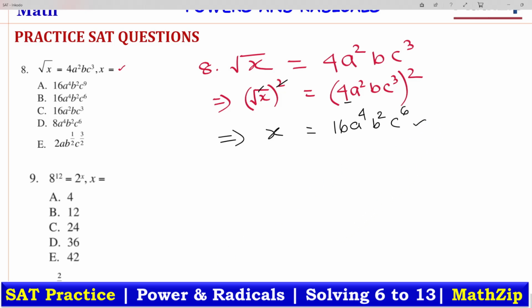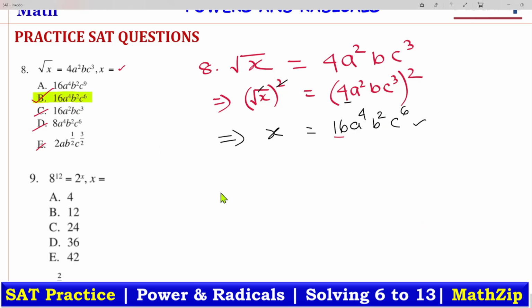So which option is similar? Here 16, a to the power 4, so options C, D, E are out. Now a to the power 4 b squared c to the power 6 means option B is our correct answer.